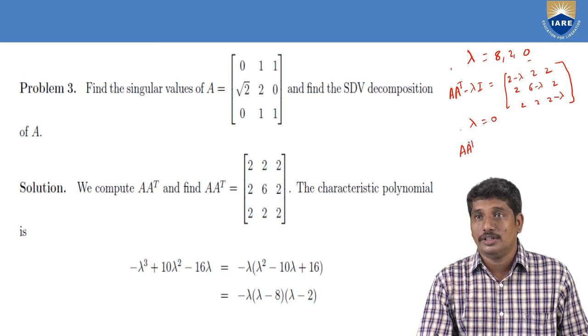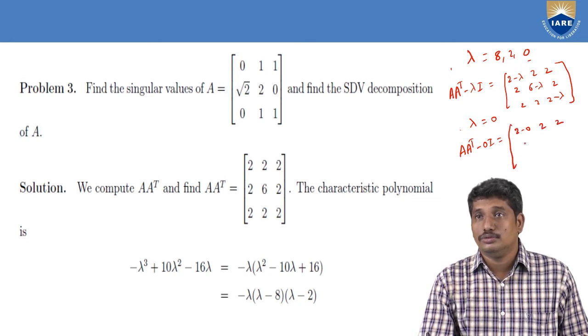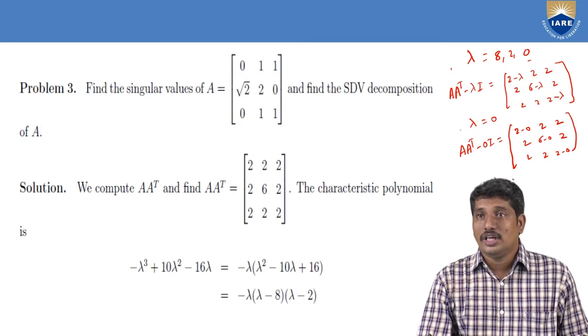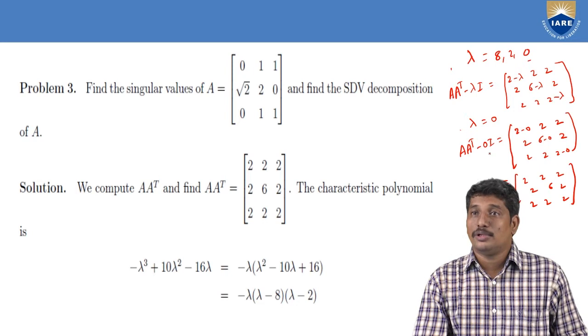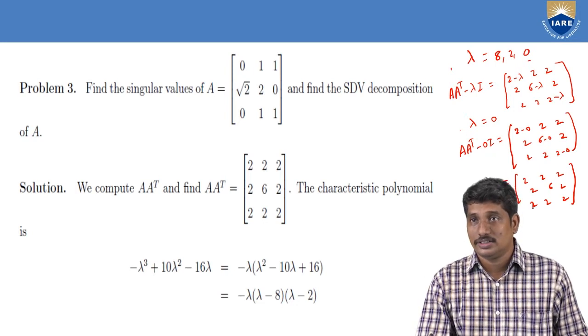So A into A transpose minus 0 I gives 2, 2, 2; 2, 6, 2; 2, 2, 2. After substituting lambda equal to 0, we got this matrix.